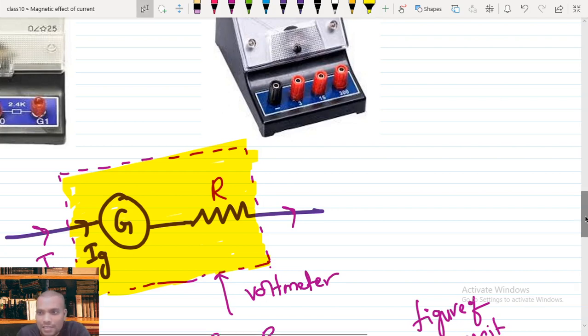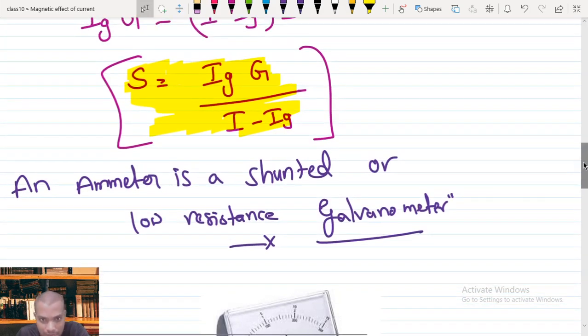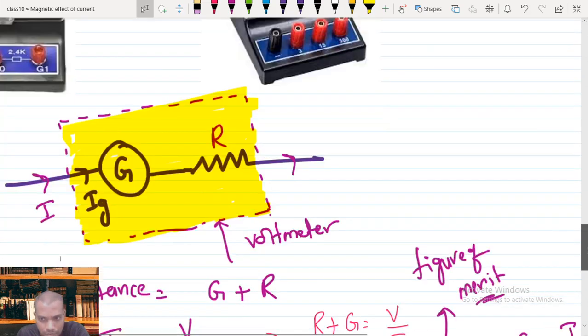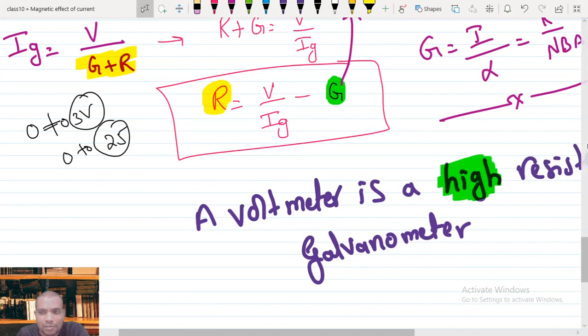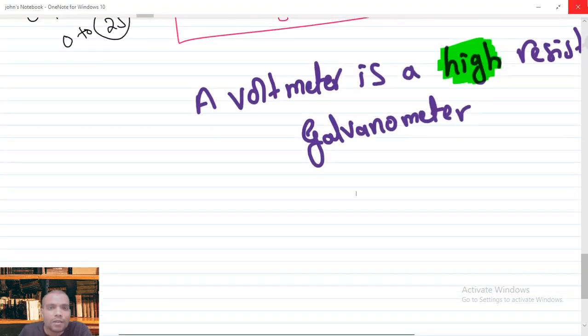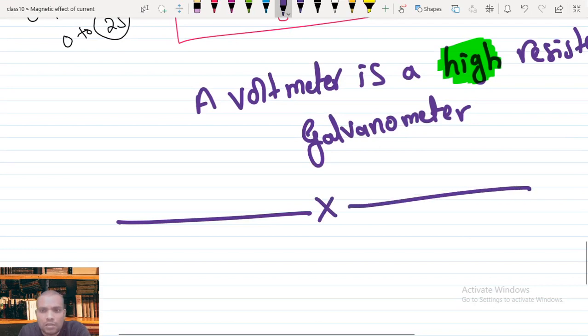An ammeter is a parallel or shunt resisted galvanometer or low resistance galvanometer, and a voltmeter is a high resistance galvanometer. This is all about conversion of galvanometers into the desired ammeter and voltmeter.